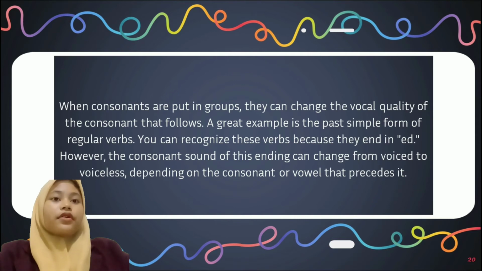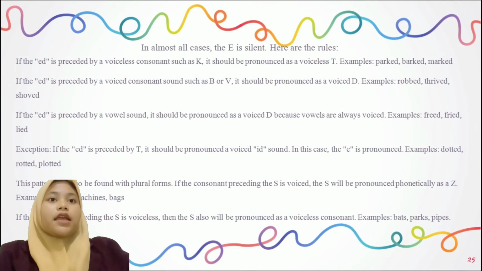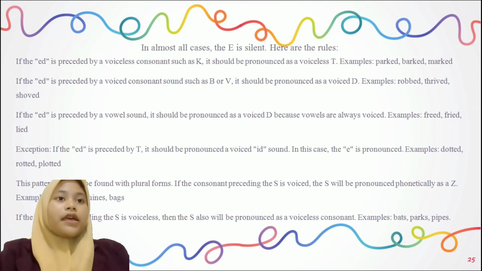However, the consonant sound of this ending can change from voiced to voiceless, depending on the consonant or vowel that precedes it. In almost all cases, the E is silent. Here are the rules.